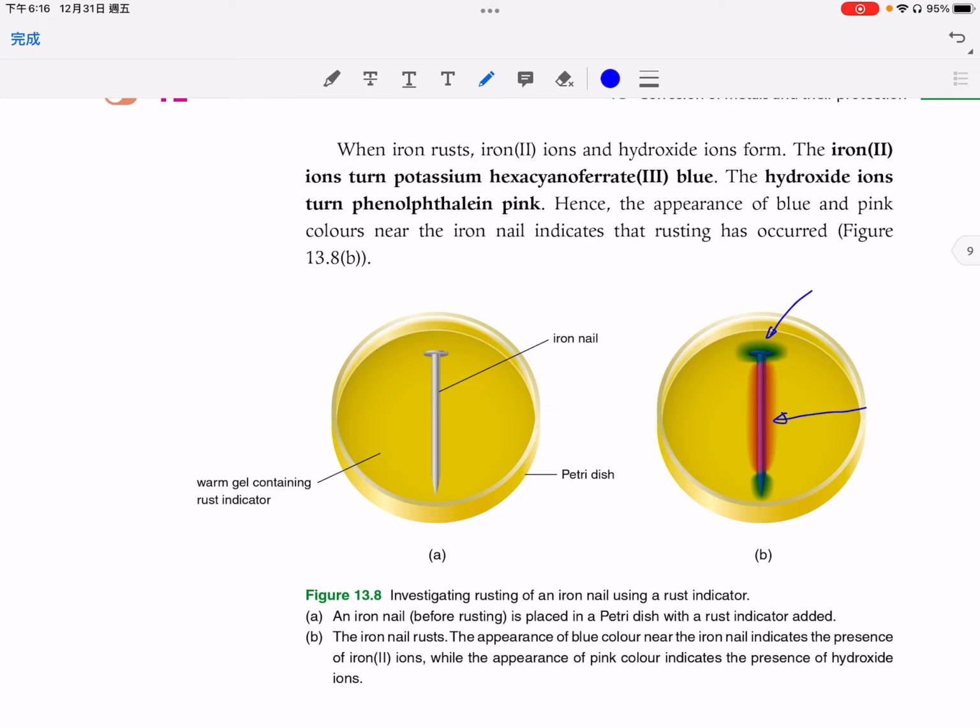Actually, the blue color, as I mentioned earlier, is in fact the anodic region, and the reaction that occurs is just the oxidation of iron to give iron(II). How about the cathodic region?